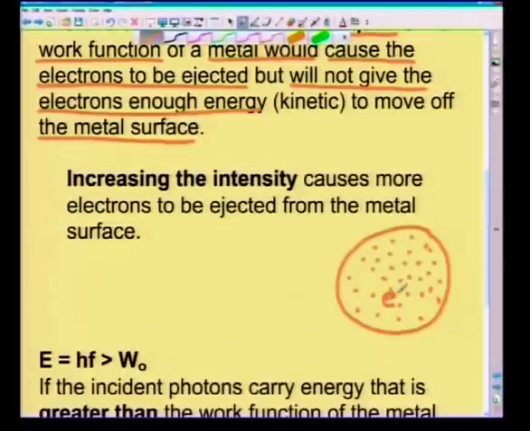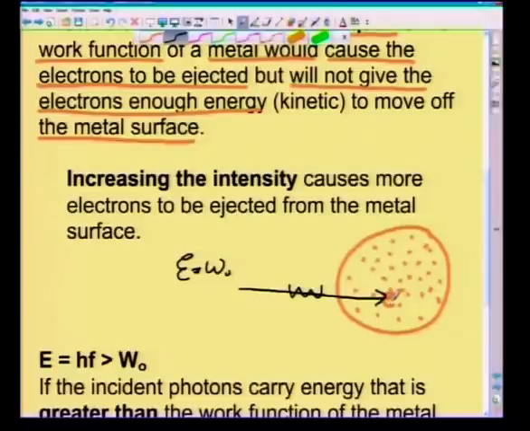And let me make that electron more visible. There, you would have a situation where the incident rays of your electromagnetic radiation, carrying energy equal to the work function, will cause this electron to be ejected.